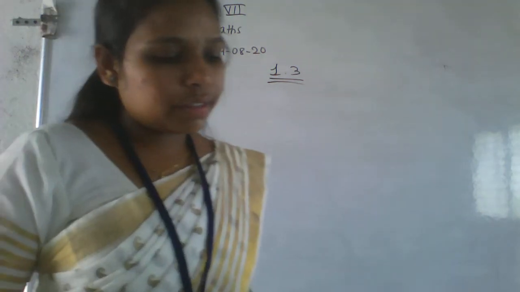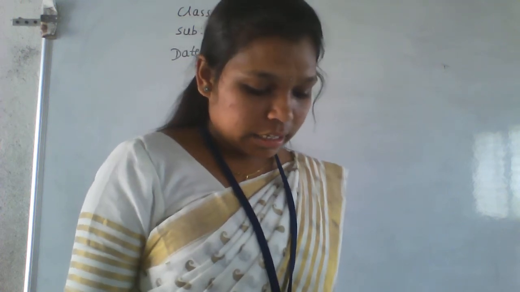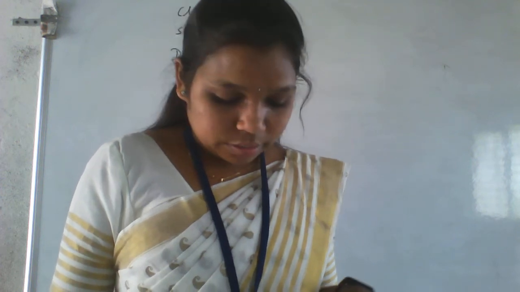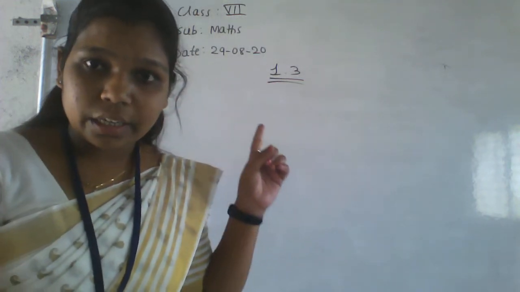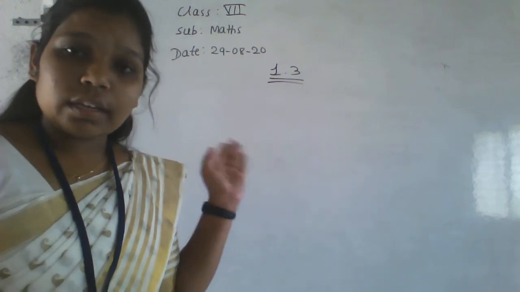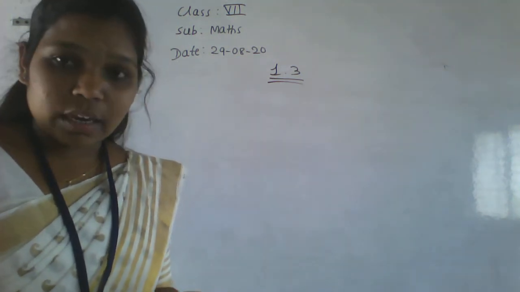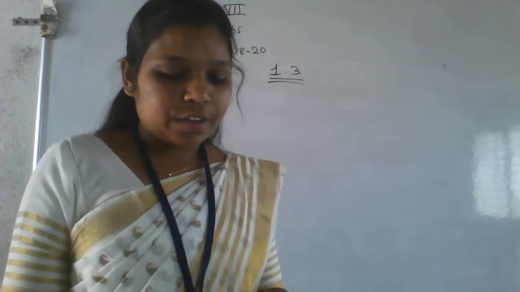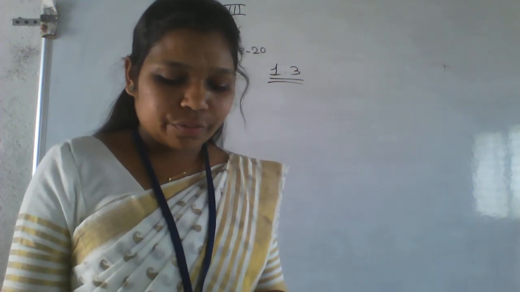In that first one, what is given here: state which of the following statements are true or false. Everyone open page number 13. In page number 13 exercise number 1.3 is there. So state which of the following statements are true or false.